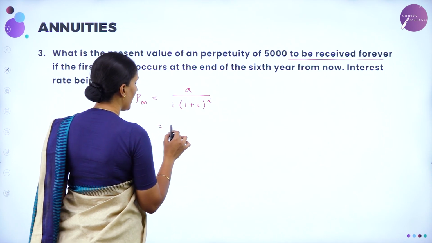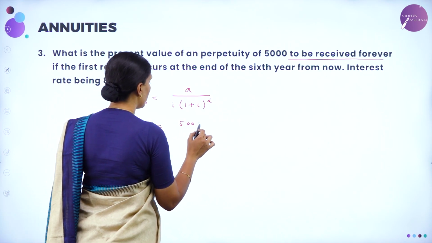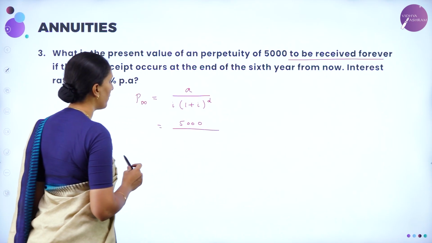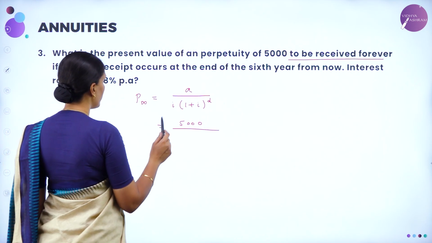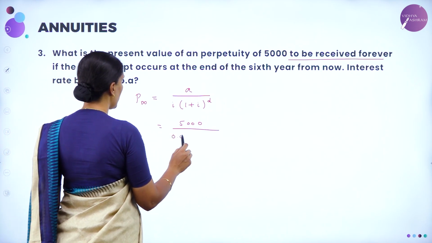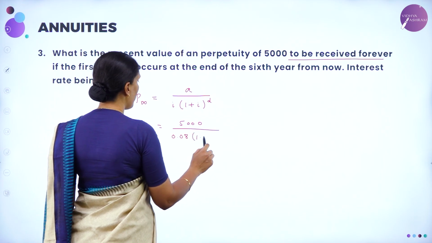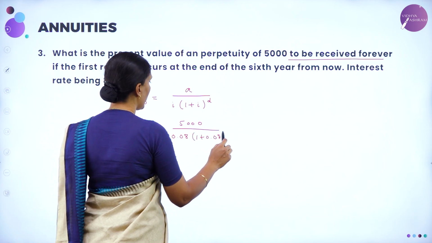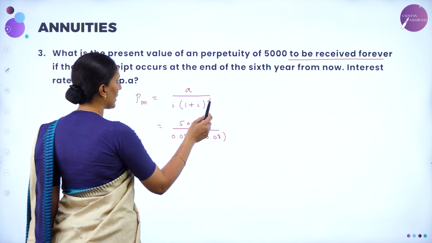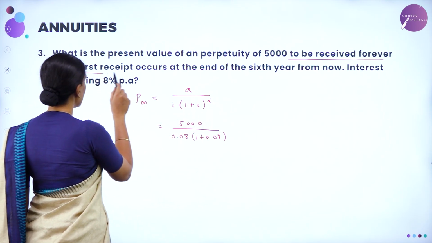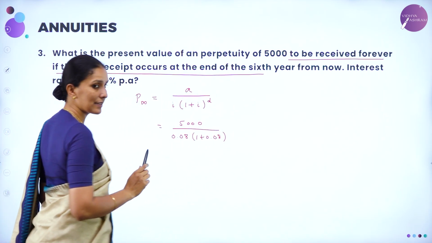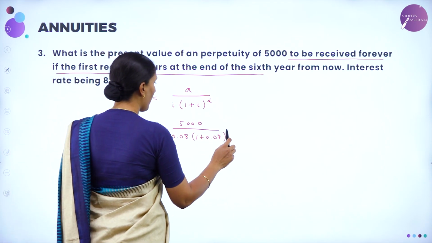Now the value of A is 5000. The value of I is the interest rate, 0.08, and 1 plus 0.08 whole to the power, and we need to calculate D. See, the statement says the receipt occurs at the end of the 6th year. That means it is delayed for 5 years.